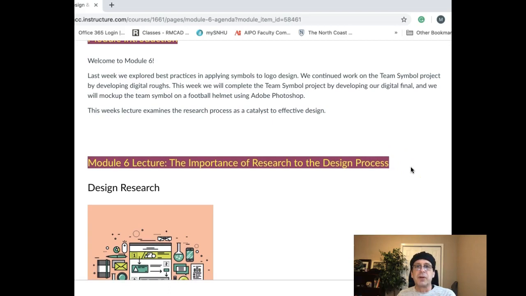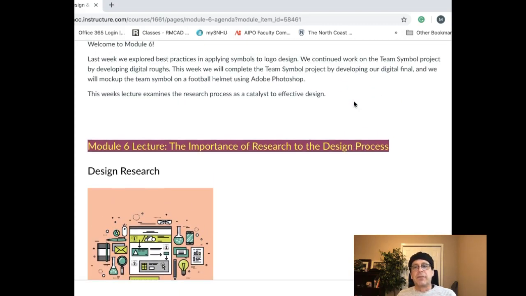All right, so last week we explored the practices of applying symbols to logo design. We already looked at icon and how it's related to logo development. Last week we looked at symbols and how they're related to logo development.